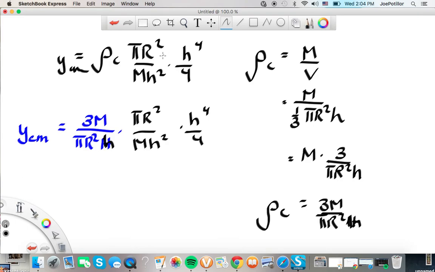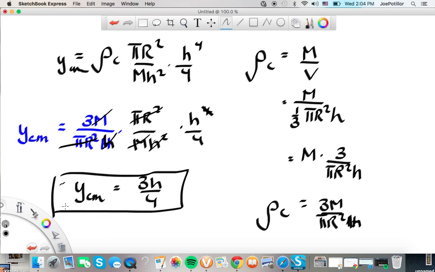Okay. Now we start canceling stuff out. Pi r squared kills the pi r squared. Mass kills mass. You have 1, 3. That kills that. We end up with 1 left over. So center of mass for the y is 3 height divided by 4, with respect to the top of the cone. If it's with respect to the base, it is 1/4 of that.